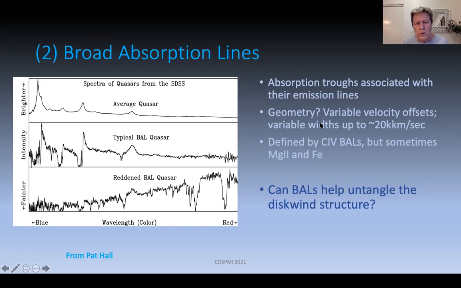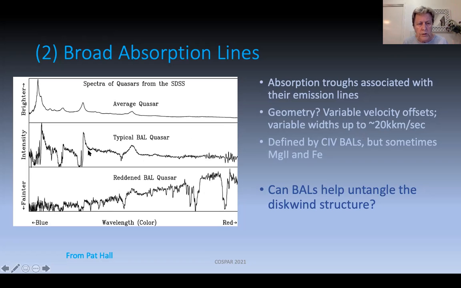So the question is, where do these broad absorption clouds lie, and what can we use these to tell us something about the wind that we expect to be emanating from the quasar? These absorption troughs have variable offsets from the emission lines, and they're sometimes 20,000 kilometres a second wide, so really quite broad.